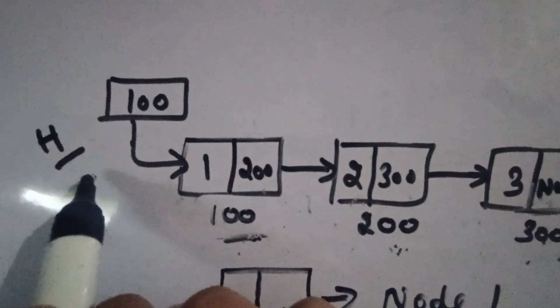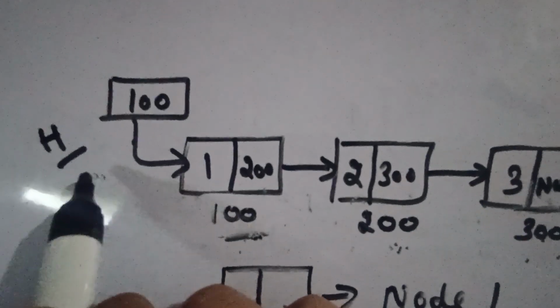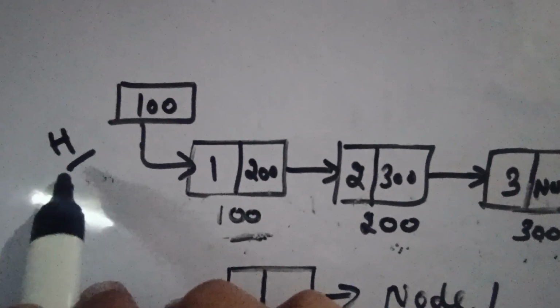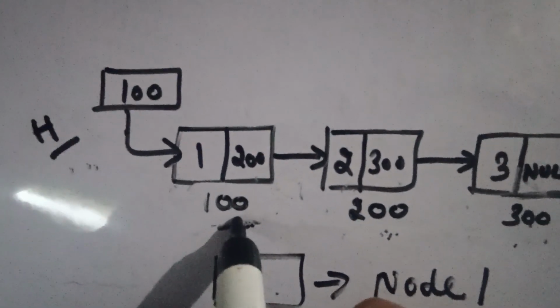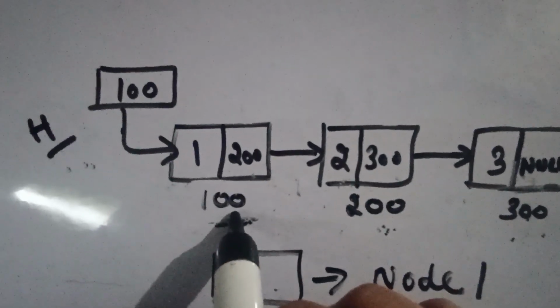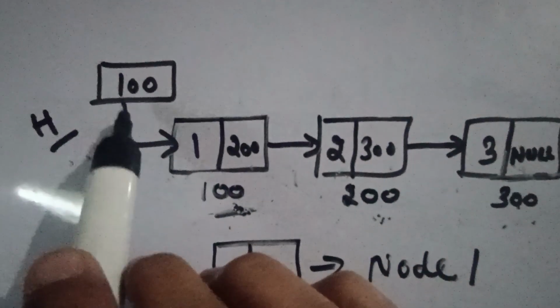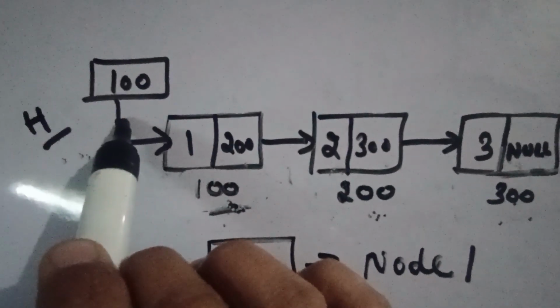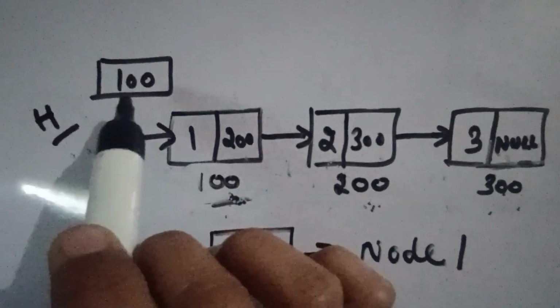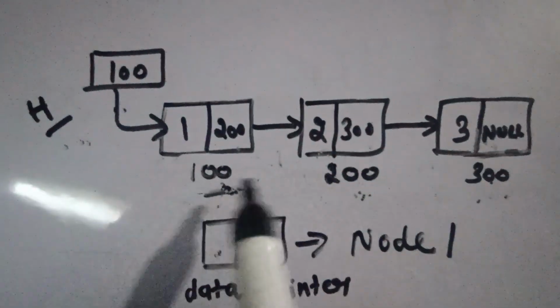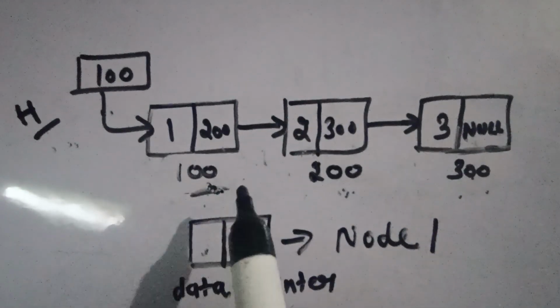We have another pointer which is head, that stores the address of the first node. So 100, which is the address of the first node, will go here in the head, right? So this is how a linked list is formed.